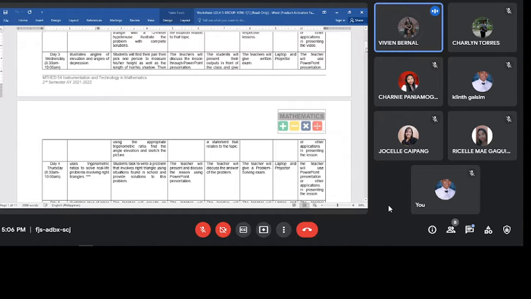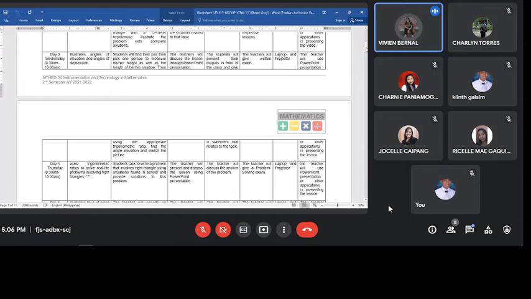For the contextualization, students will find a pair, then pick one person to measure his or her height as well as the length of his or her shadow. Then, using the appropriate trigonometric ratio, find the angle of elevation and sketch the picture.